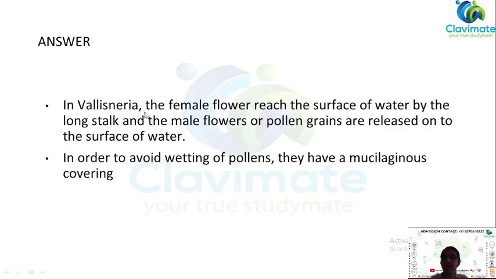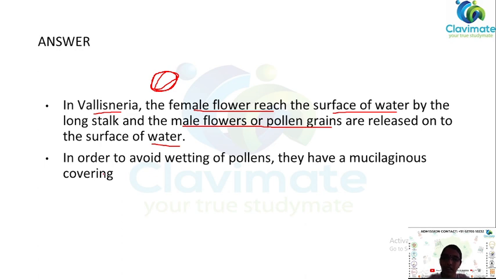In Vallisneria, an aquatic plant, the male flowers release pollen grains on the surface of water, and they reach the female flower at the surface of water. So the pollen grains should be waterproof.